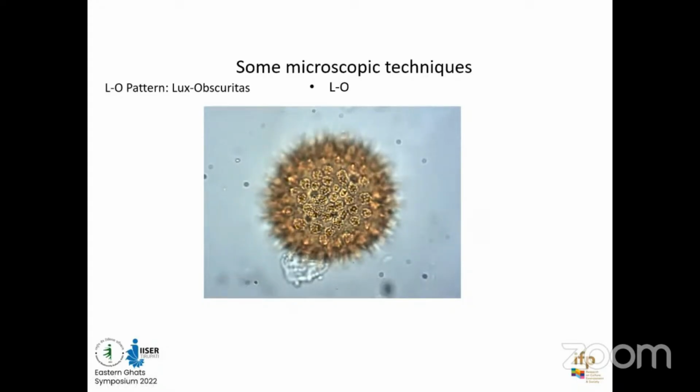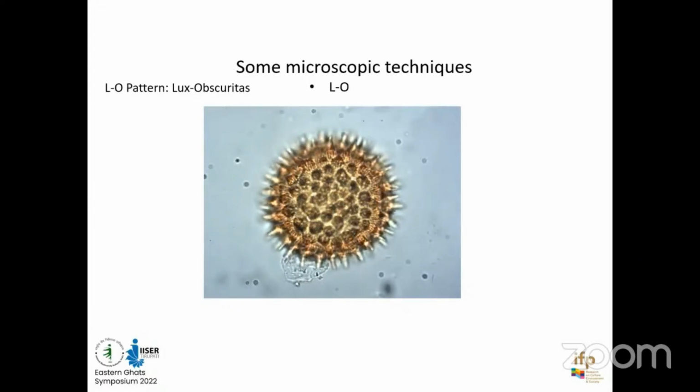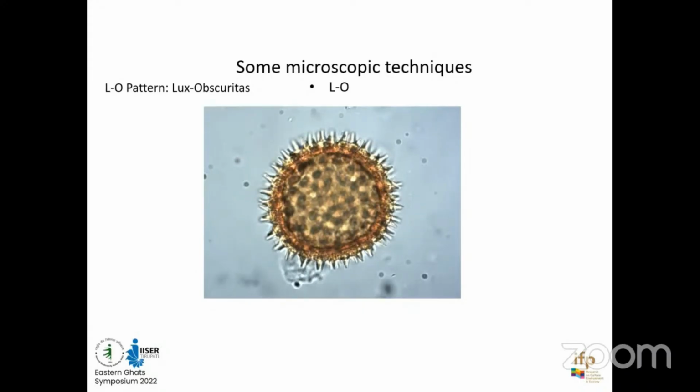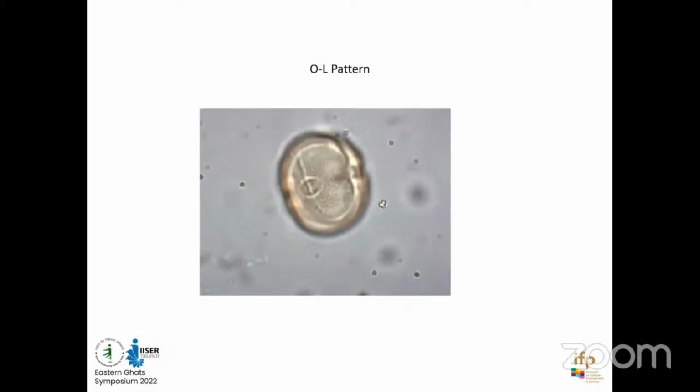So basically the light microscopy is used in the same way that you use for sectioning plants. So we see a yellow pattern. So you start with the top of the grain, because within the slide, this is actually a 3D object. So this is a pollen of Sida, and this one is one of Manilkara.